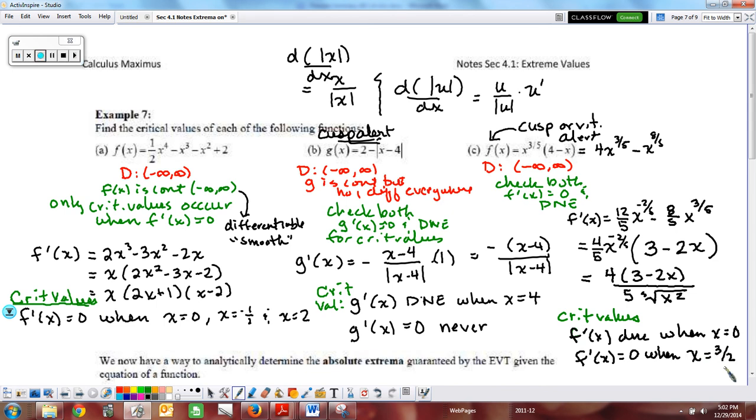So we have two places where we're going to have our critical values. All right? And so later on we'll figure out, well, what really is happening at those places. Is it an extrema? Is there a cusp? Is there a vertical tangent? What's going on?